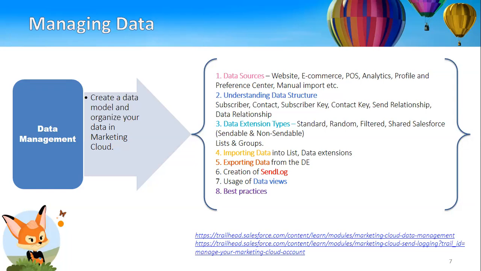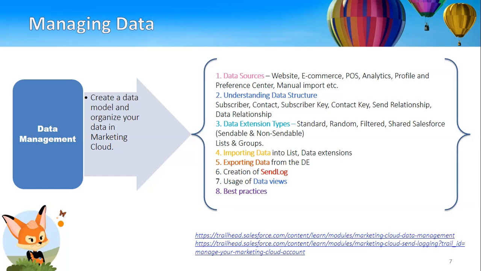Because in each and every record, a send relationship is mapped when you are sending out an email to someone. So the subscriber key works in the backend in such a way that it will look if that subscriber key is an active person or if they have unsubscribed.